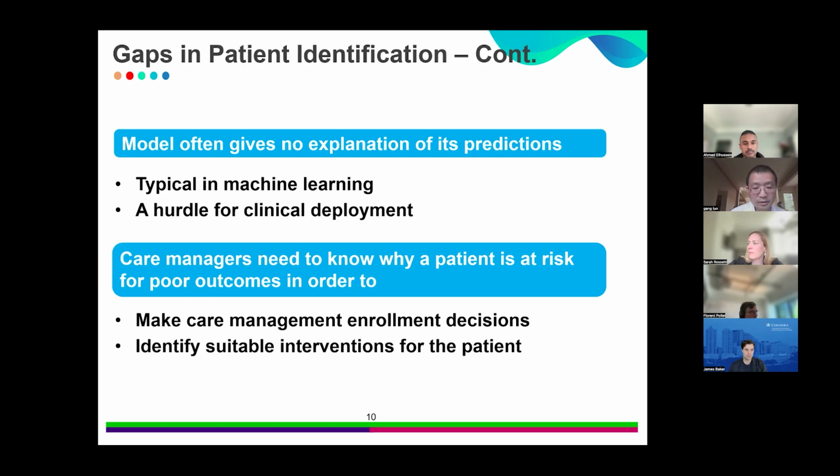As a care manager, she needs to know why a patient is at high risk for poor outcomes so that she can make care management enrollment decisions, as well as identify suitable interventions for the patient. Those suitable interventions are used to address the reason why this patient is at high risk, and different patients are at high risk for different reasons.